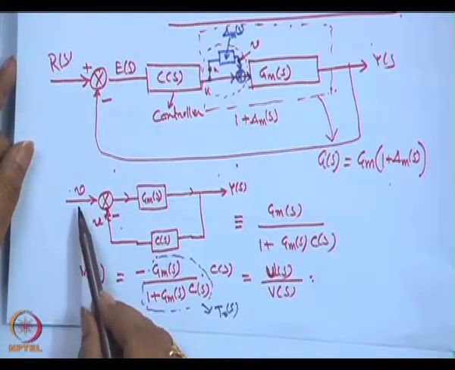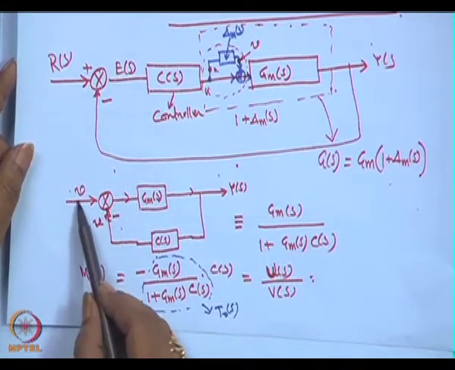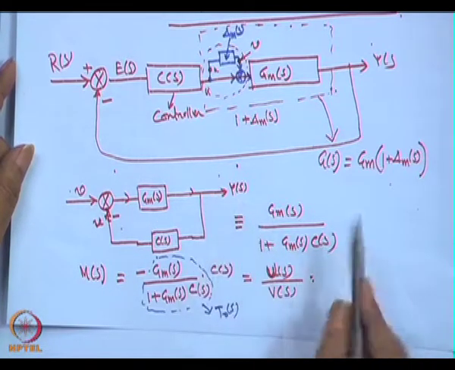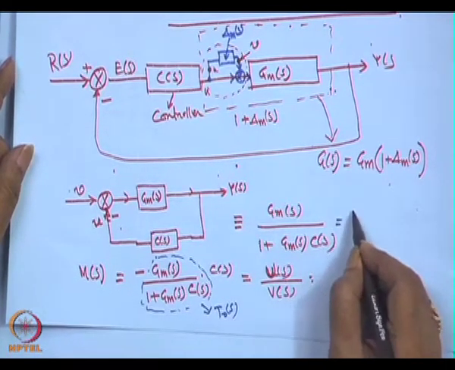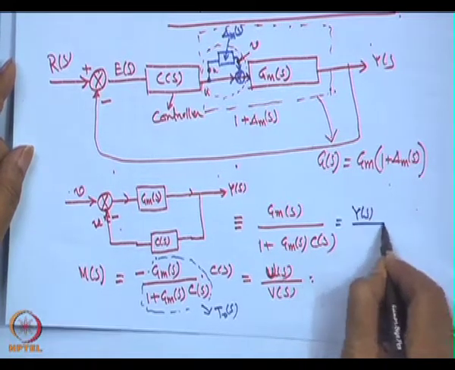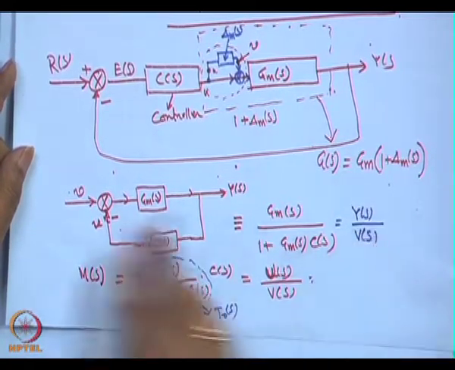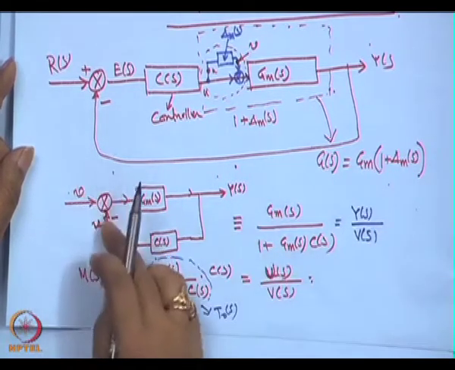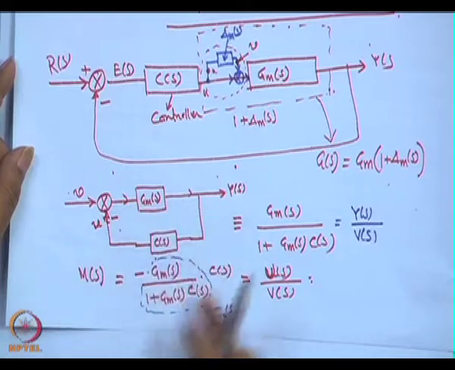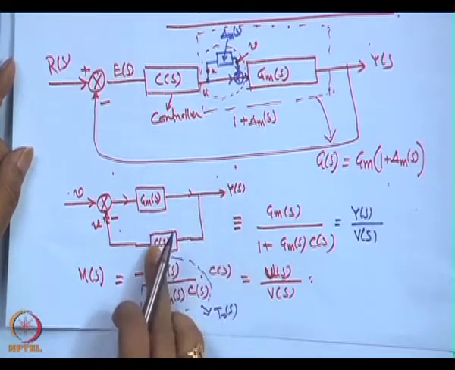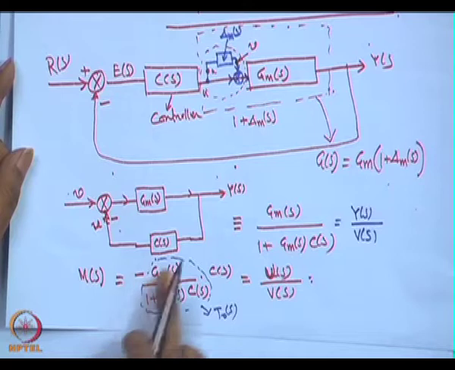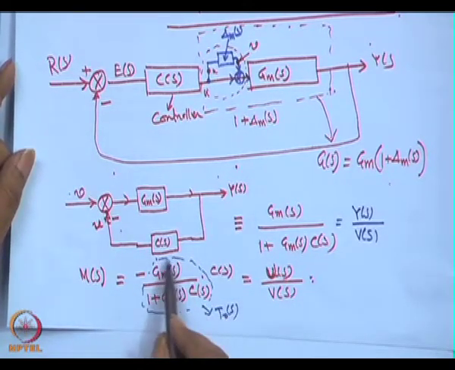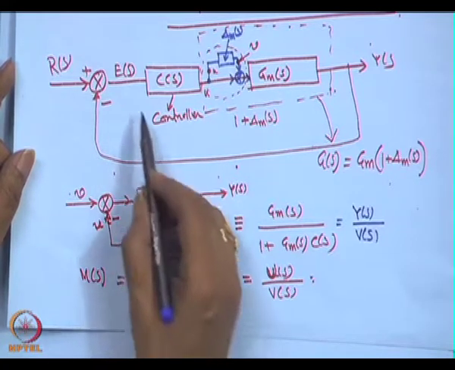See once again, what is the transfer function between this one? We first find out the transfer function from here to here. That is the transfer function, I am writing it from Y s to V s, G m over 1 plus G m. Then I am finding out the transfer function between D s and so on. From here you multiply it by C s with a minus sign. So, this will be your T s, this is your loop transfer function.